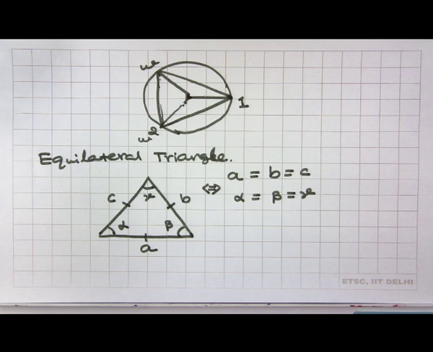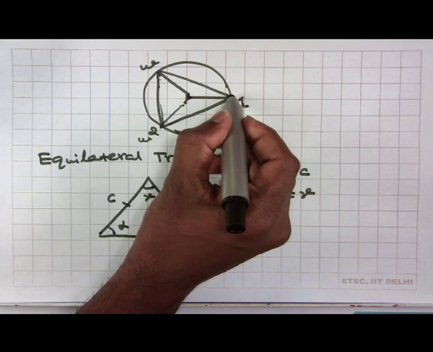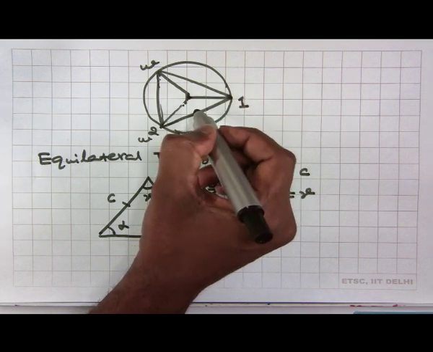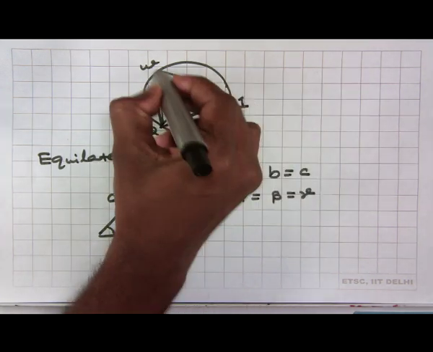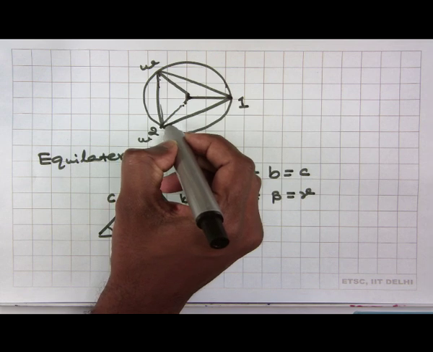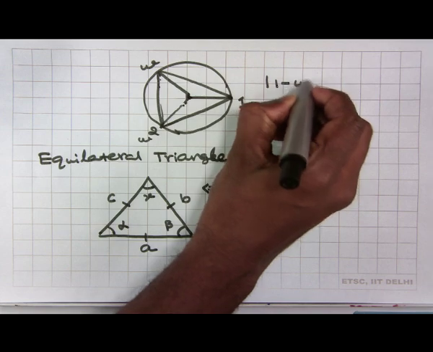Now, it is very easy to verify that the triangle which we obtain here is an equilateral triangle simply by seeing what the side lengths are. Side lengths are 1 minus omega.